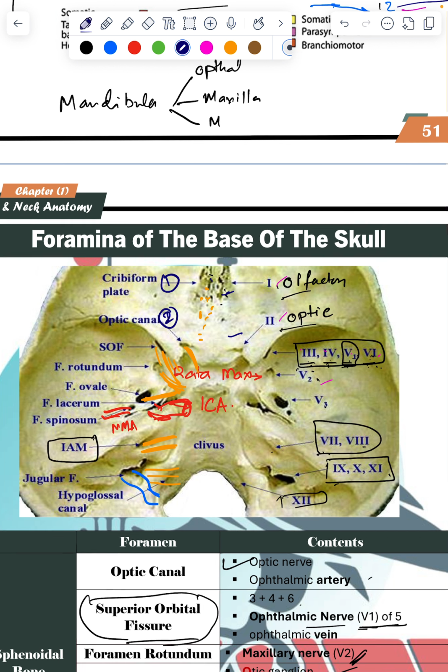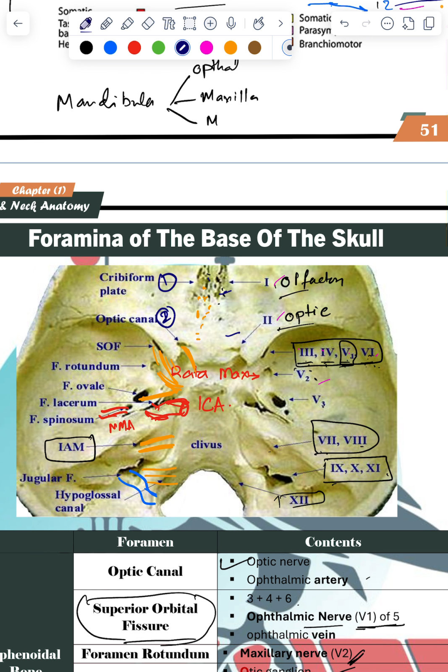This is again an important thing, the foramina of the base of the skull. You have to study this along with the cranial nerves, as the cranial nerves start from the brain and pass out through these foramina to supply their respective organs. The arrangement of the foramina is according to the nerves, and most of the vessels also pass along with these nerves. So this is cribriform plate 1, 2, then the superior orbital fissure.